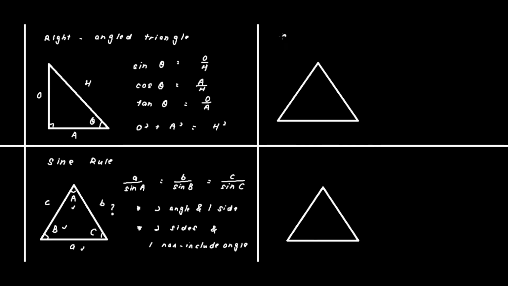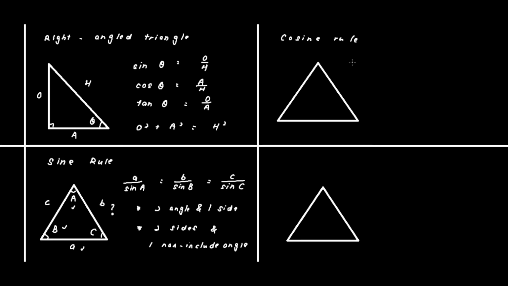Then after that, the second one is your cosine rule. Okay, so for the cosine rule, this one is easier in a way that you have two scenarios.